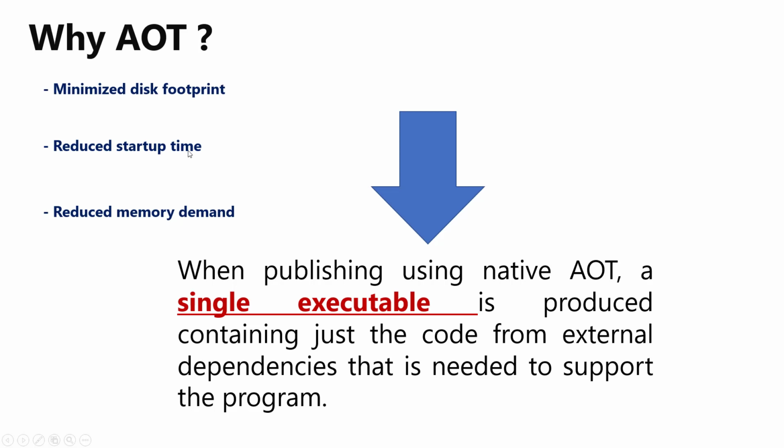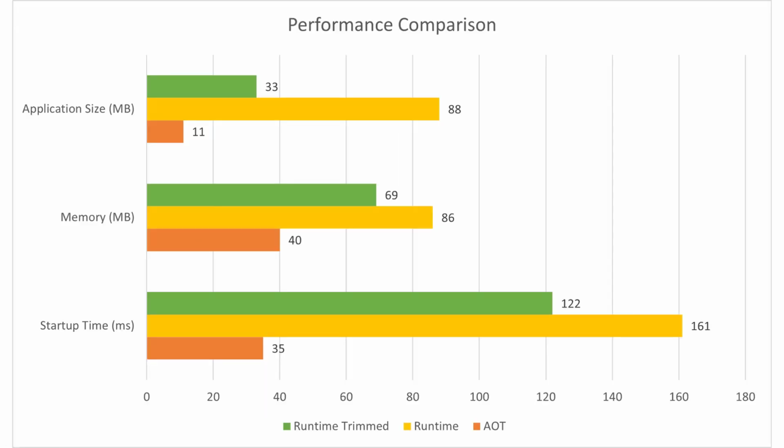Reduced startup time. It's obvious when everything is smaller, the startup time would be less. And memory demand. This one also is obvious. So let's go ahead. Microsoft published this. I haven't created this. It's coming from Microsoft.